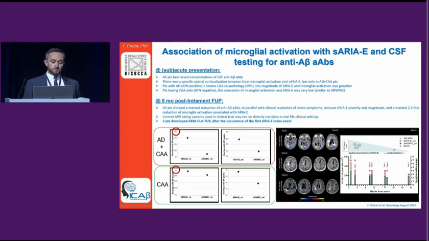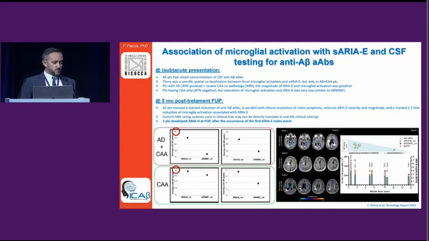But what was more interesting is that by looking at the microglia PET activation, although we found some widespread low-threshold signals in the brain, there were only a few peaks of microglia activation on PET, and these peaks were very well associated with radiographic ARIA-E. But this association was found only in patients with AD plus CAA, and not in patients with only CAA, by ATN biomarker dosage and MRI, of course, because these are the only armamentarium that we have today.